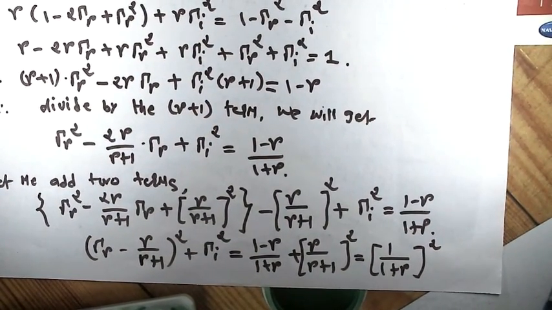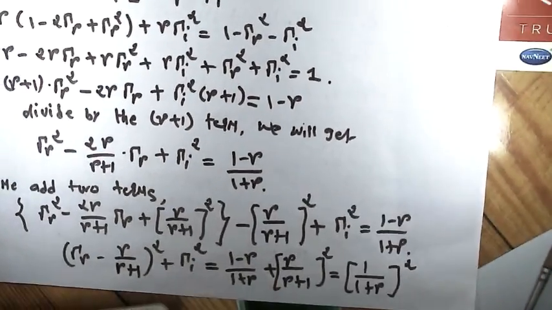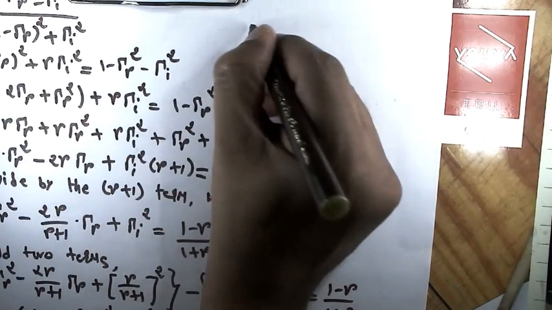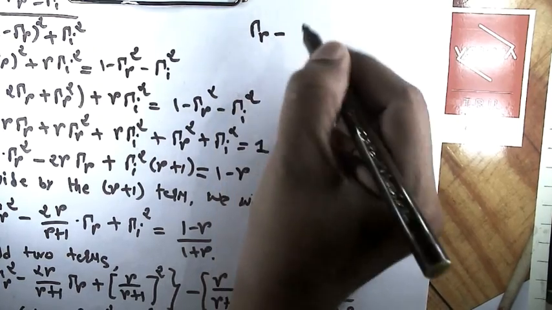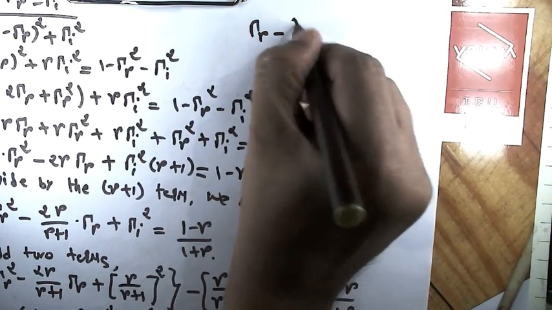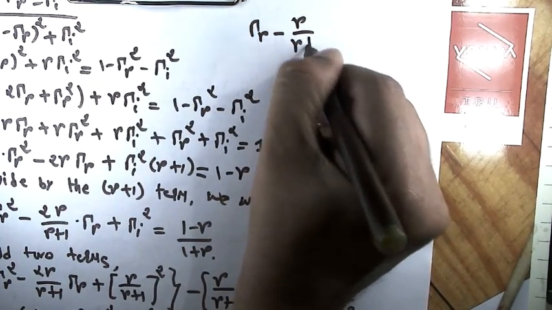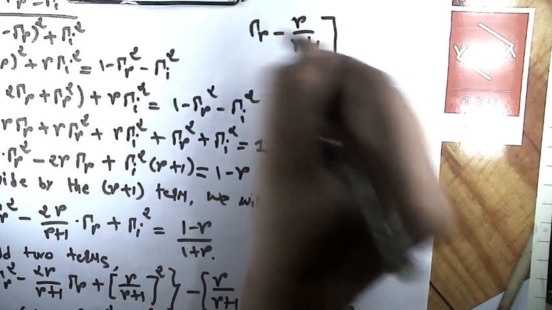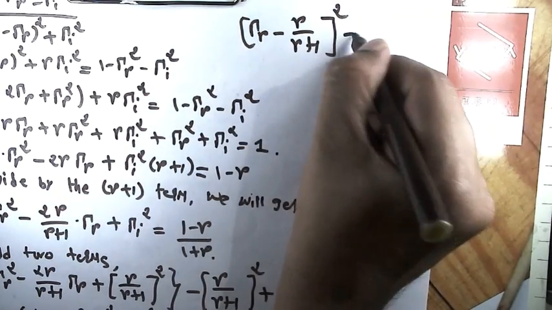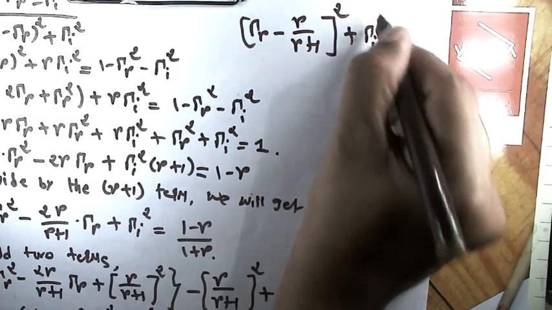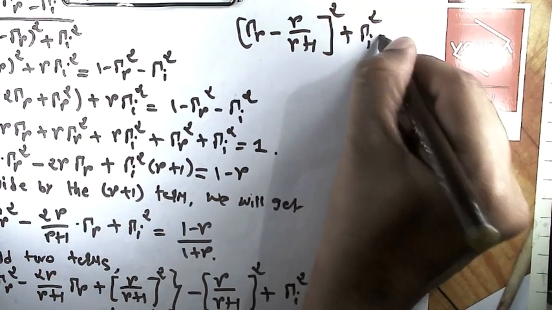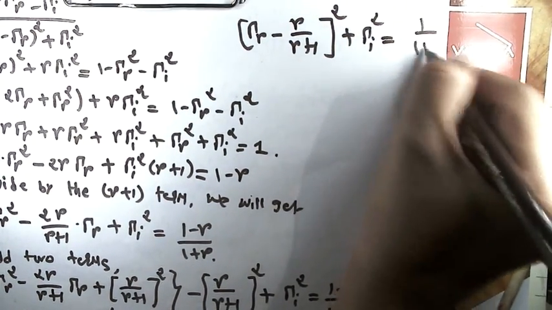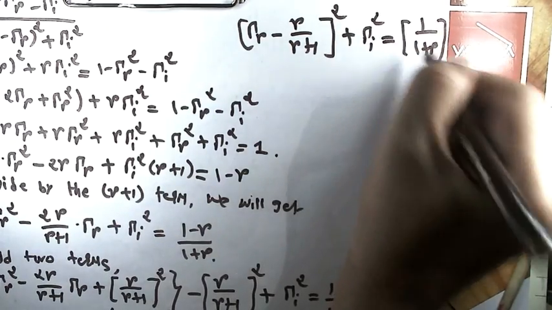So finally I have such a relation which is considered a constant r circle. Let me write down these same expressions here. So this expression: sigma r minus r over r plus 1 and its whole square plus sigma I square is equal to 1 over 1 plus r whole square.